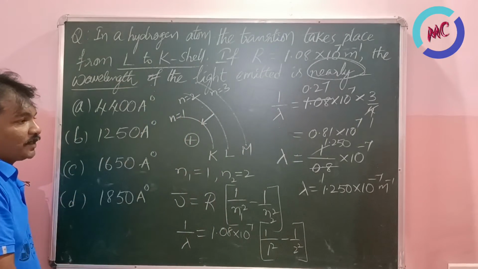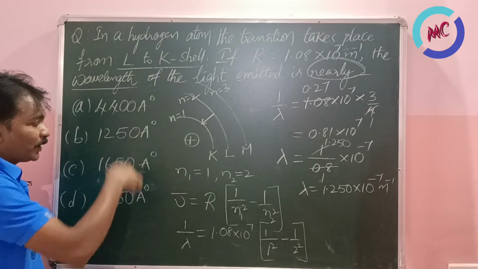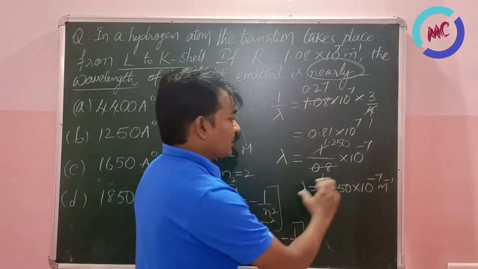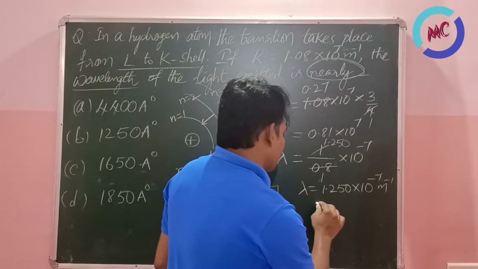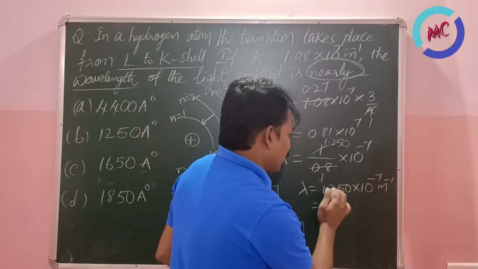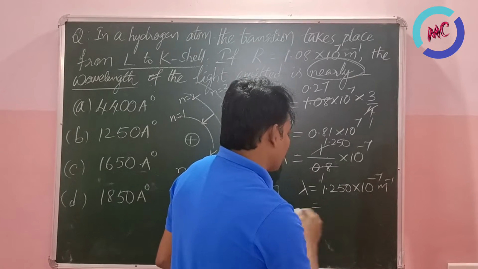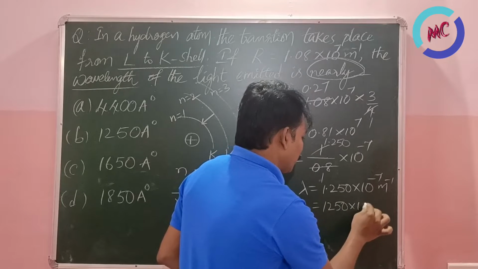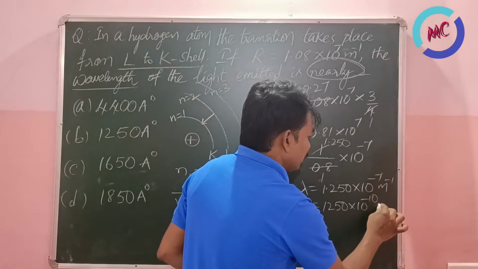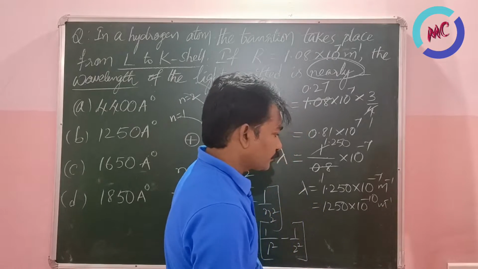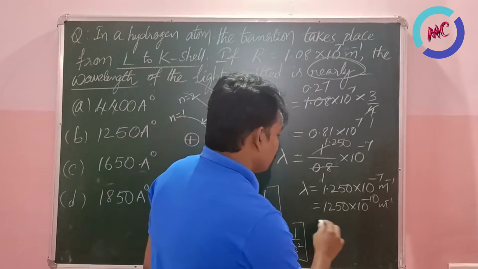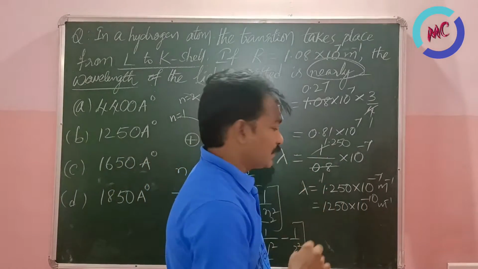See here, in the given options the answer is not there in terms of meters, it is there in the form of angstroms. That's why I would like to convert this into angstroms. Therefore I will convert the values into 10 powers, then we will get 1250 into 10 to the power of minus 10 meter. 10 to the power of minus 10 is nothing but 1 angstrom.